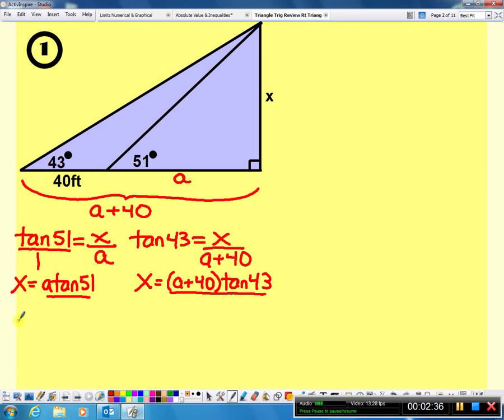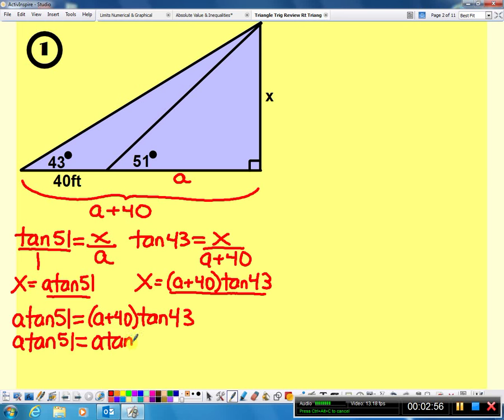So I'm going to say a tan 51 equals a plus 40 tan 43. At this point, I need to distribute. If you wanted to skip the first step and go straight to the second step, that is a-okay.